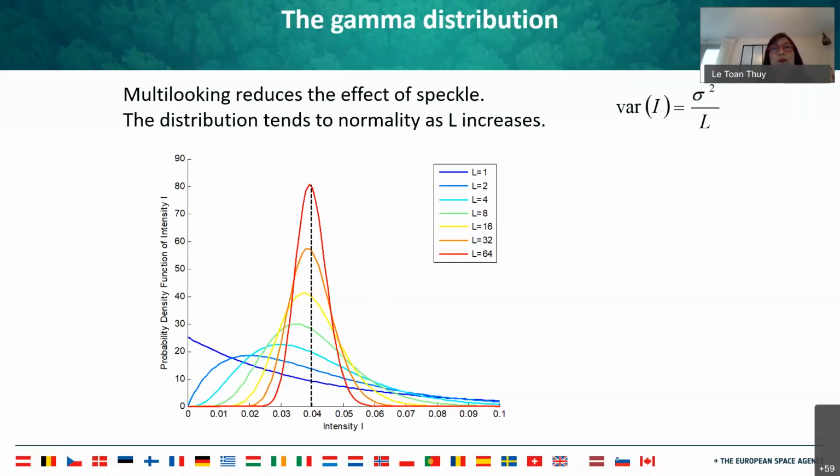For example, the simple case, if two pixels not related together, and you take the mean value of the two, you can increase the number of looks. It's like the equivalent of 2 looks instead of 1, for example. The number of looks is equivalent to a window size, equivalent to the number of images and so on. Here the number of looks equal to 1 is a distribution like this, equal to 2 like this, and it becomes narrower and narrower.